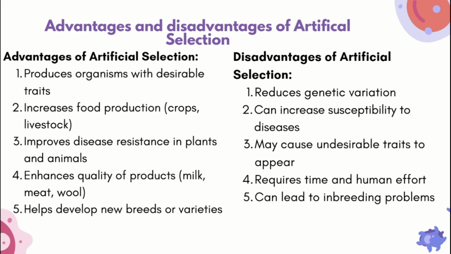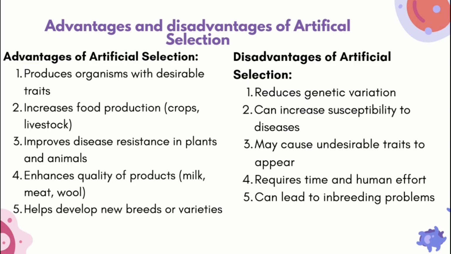Then artificial selection is a way for us to get rid of the undesirable trait. We don't want the cow to get sick. We don't want the cow to get this particular illness, because then that will kind of slow up everything. So basically, that's what this means right here.